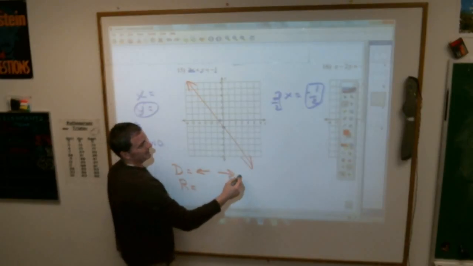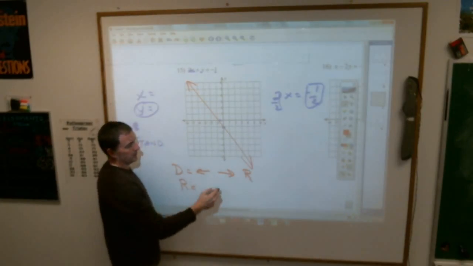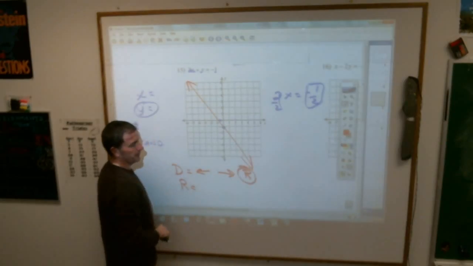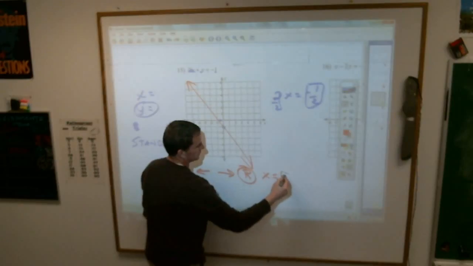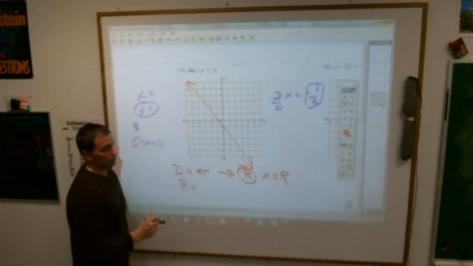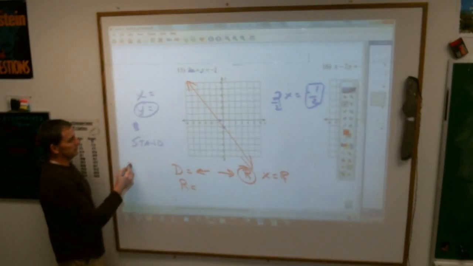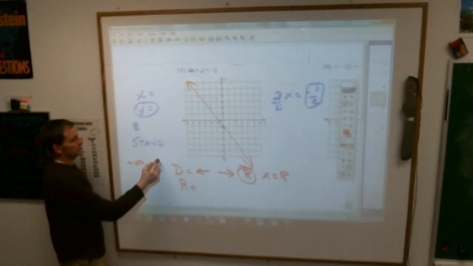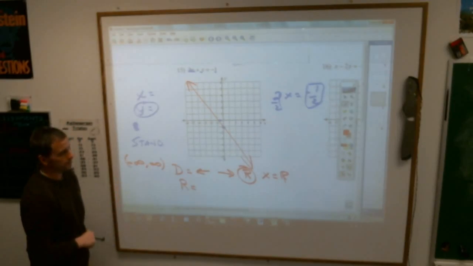So the domain is all real numbers. It's everything. Remember, x equals all real numbers is the way we write it. If you're writing it in interval notation, what would you do? Negative infinity to positive infinity. Either one of those is acceptable.